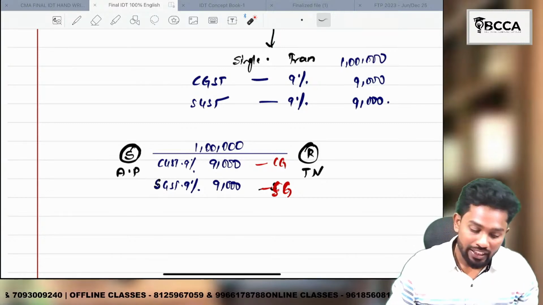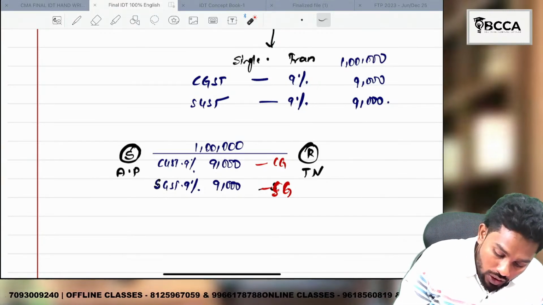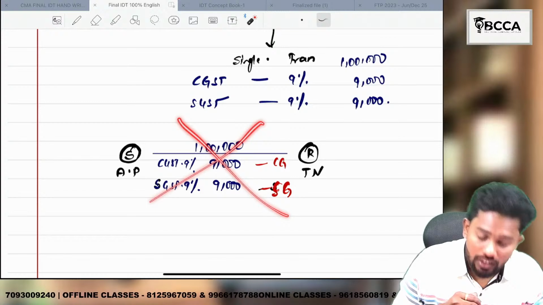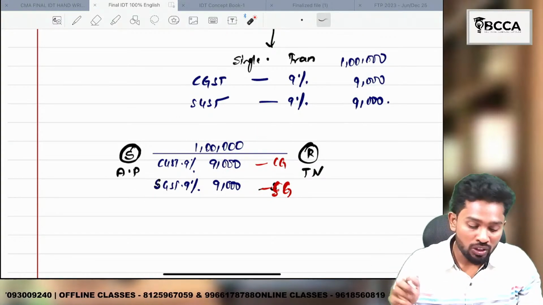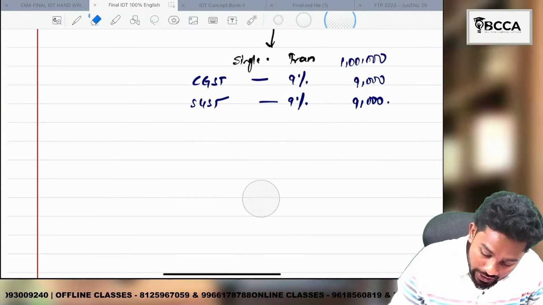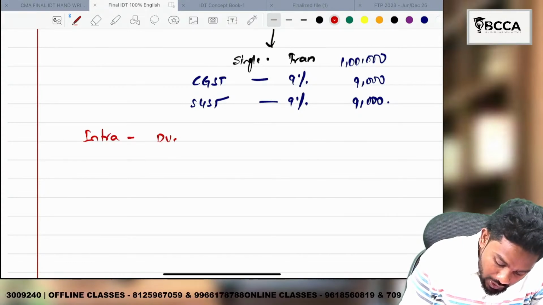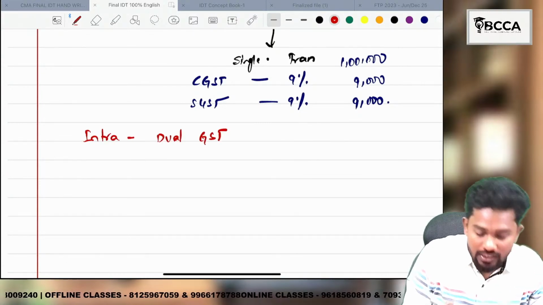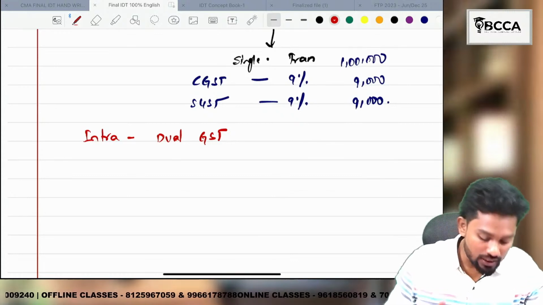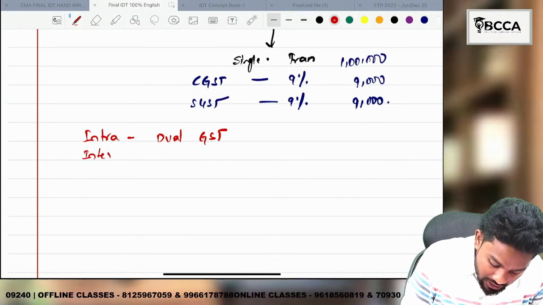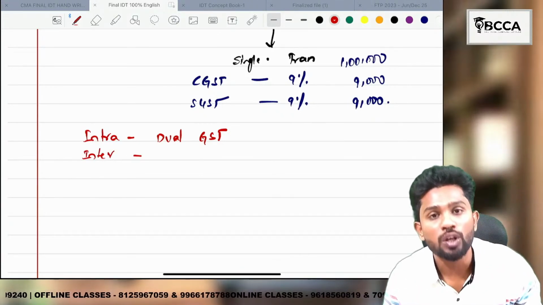So then again they thought like here dual GST model will not work. That means in intra, dual GST model will work. Intra dual GST, I mean on a transaction they levy CGST and SGST. But if the transaction is interstate, then dual GST model will not work.